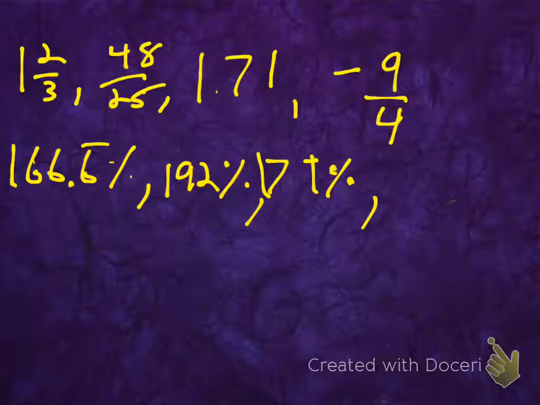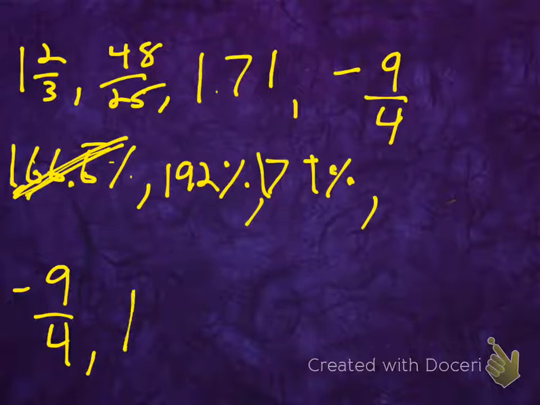So, what is my smallest number? Negative 9 over 4 is obviously the smallest. It's the only negative. No need to change it to a percentage because we can look at it and tell right away it's the smallest. What's the next smallest? Yeah, 166.6 repeating percent, which is 1 2/3.